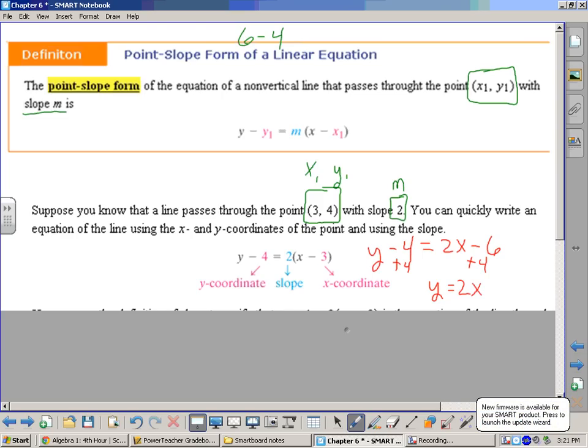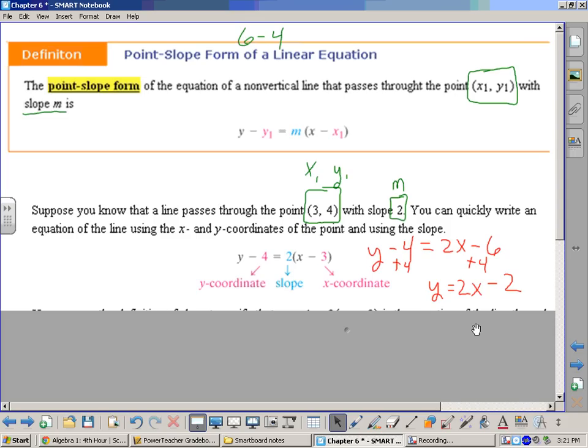This would be considered the slope-intercept form of the line, but we started in the point-slope form. So by distributing and moving that minus 4 over by adding 4, we get the equation y equals 2x minus 2. They represent the same equation, just written two different ways, two different forms.